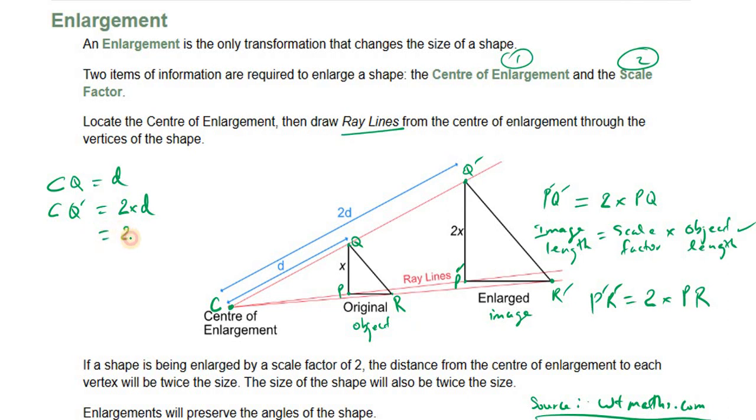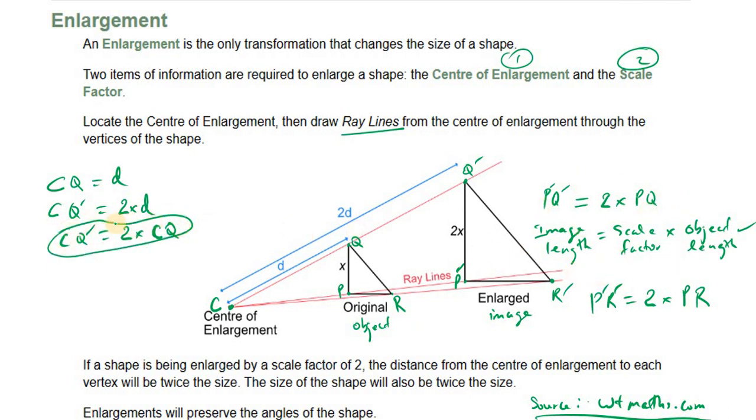So it's twice the length of CQ. So from C to Q prime, the image length is equal to 2 times the object length CQ. Even with this formula, we can see this is very similar to what we have over here.